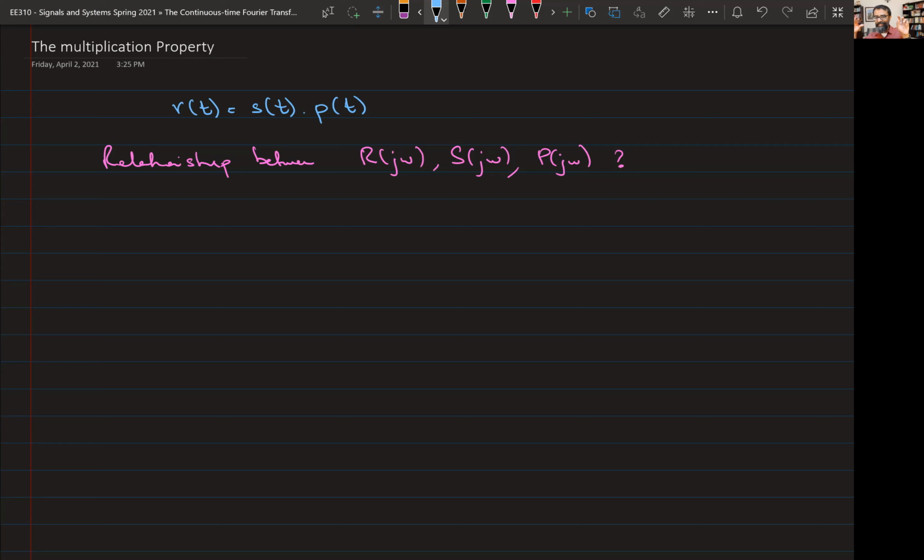And we've also seen, from a broader perspective and not in a lot of detail, that there exists some duality between the time domain and the frequency domain. So if convolution in the time domain is equal to multiplication in the frequency domain, multiplication in the time domain must be equivalent to what?